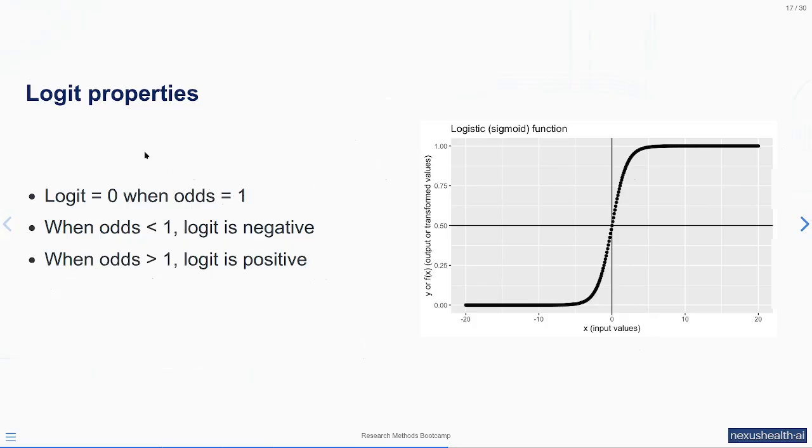That gives us the odds of 1, and the log of 1 is 0, right? So logit is 0, so that means there is no difference. So when odds are less than 1, it takes a negative value, and when it's greater than 1, it takes a positive value, just like we saw. So 2.217 versus minus 2.217. We're making progress.